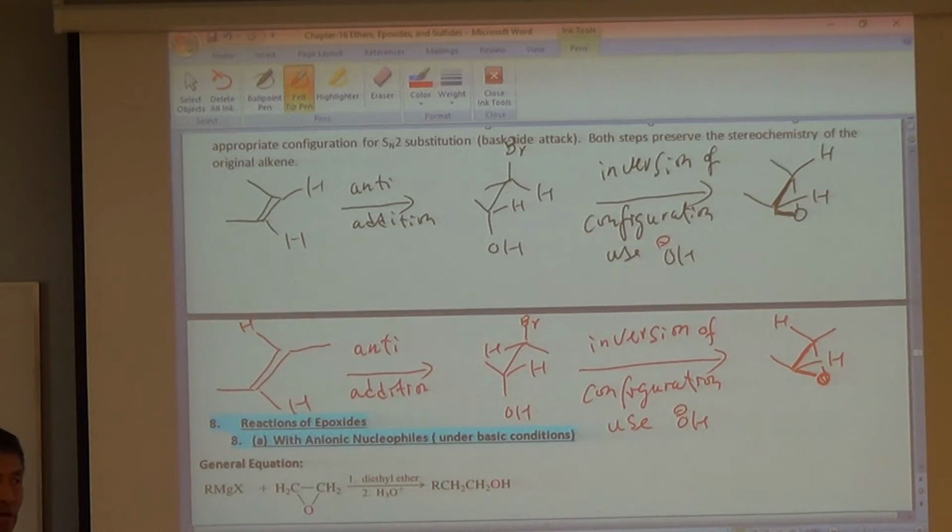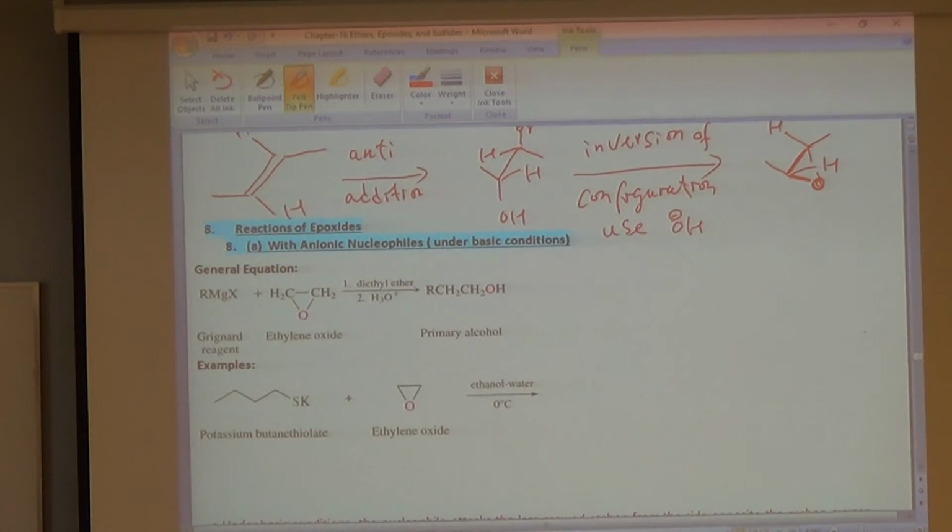So once we prepare the epoxide, then we will study the reactions of epoxide. One is the reaction with anionic nucleophiles, which means you have those nucleophiles under the basic condition. Under the basic condition, you will keep those anionic nucleophiles.